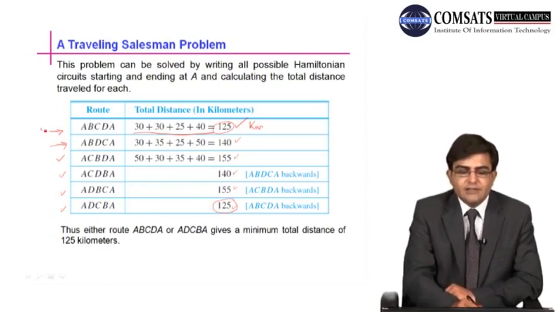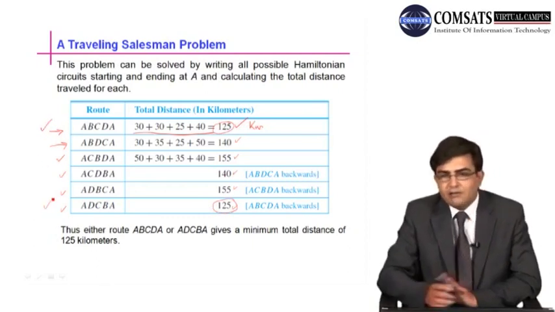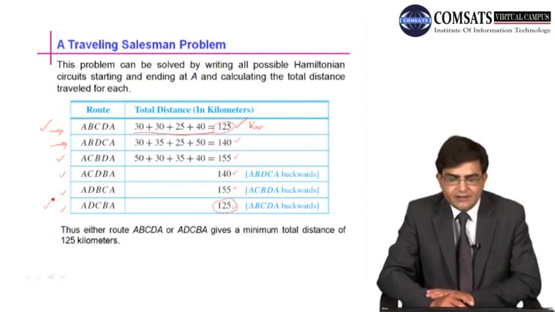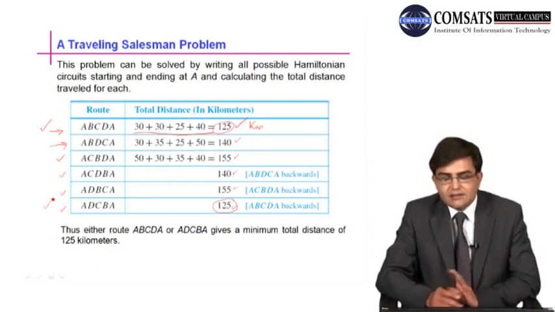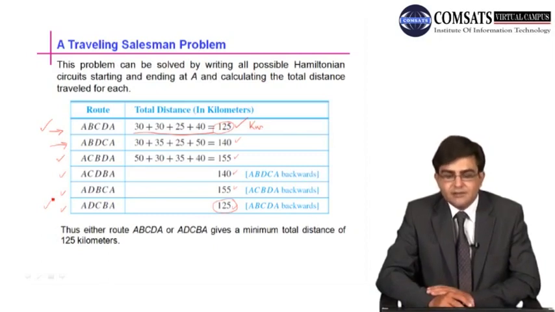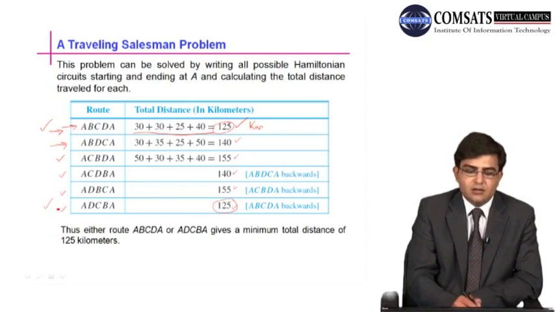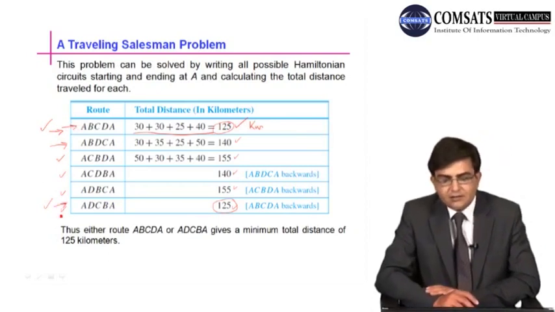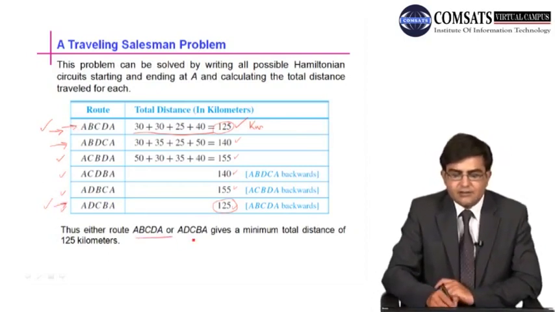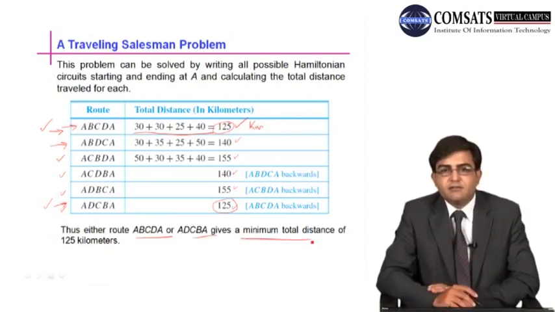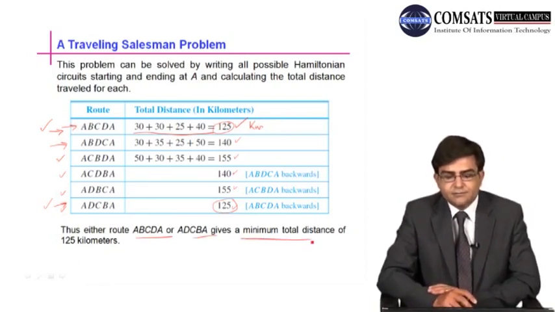So either of these two routes he can choose to deliver the products in 4 different cities, so that he has to travel the minimum distance in kilometers. Thus either this route or this route gives a minimum total distance of 125 kilometers.